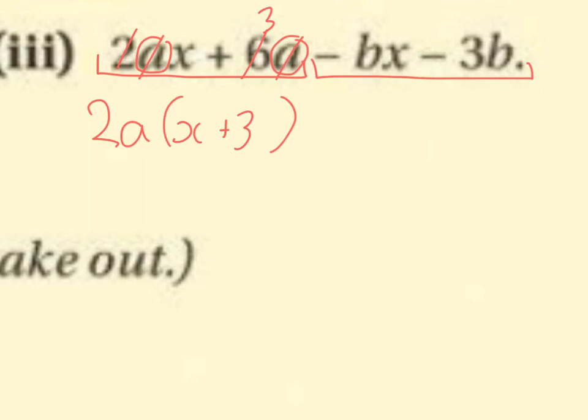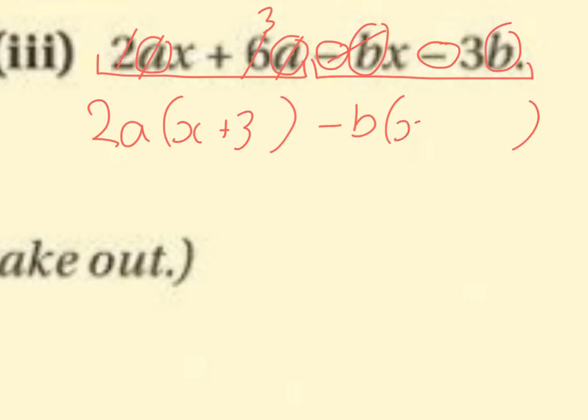Okay, so now I'm going to factorize the right hand side. So I have a look and I see what's common to both. Well, I have a minus common to both, and I also have a b common to both. So minus b. So that's going to be my HCF minus b, and I open up my brackets. So minus b and minus b will cancel, leaving me with x.